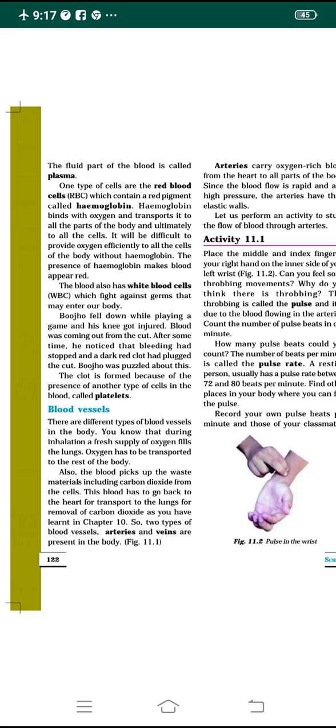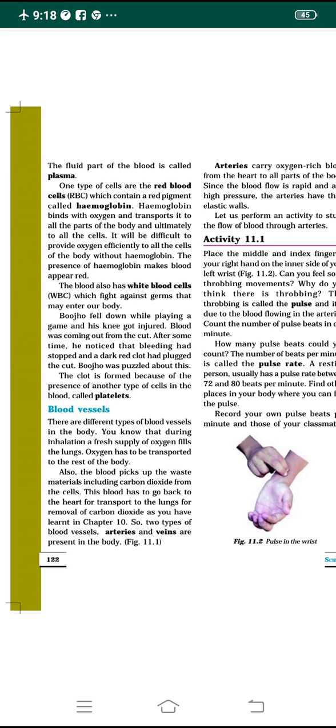They fight to kill the germs which have entered our body, such as bacteria, viruses, fungi, protozoans, whatever microorganisms have entered our body through food, water, or air. These germs are fought by the WBCs. That's why they are known as the soldiers of our body.